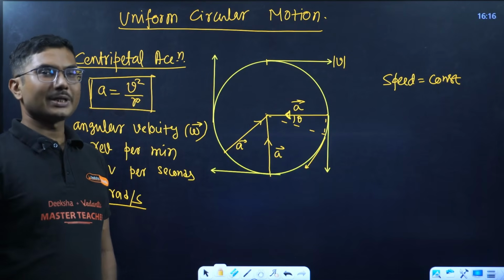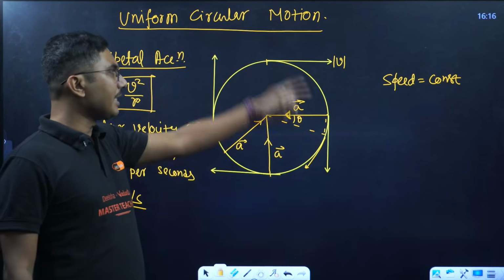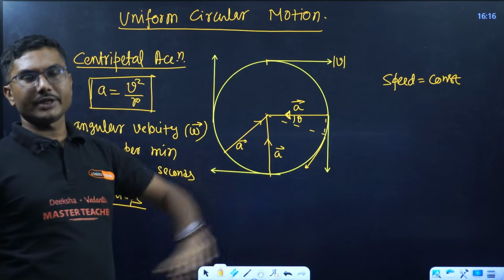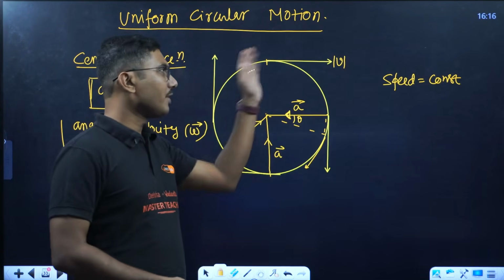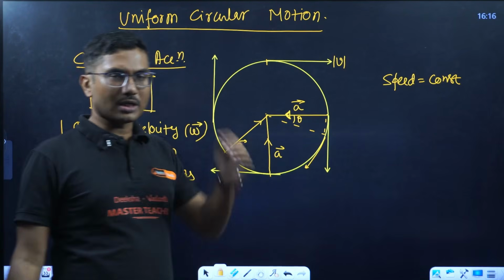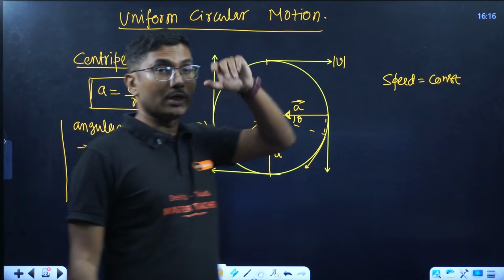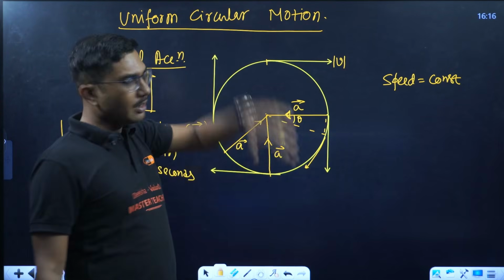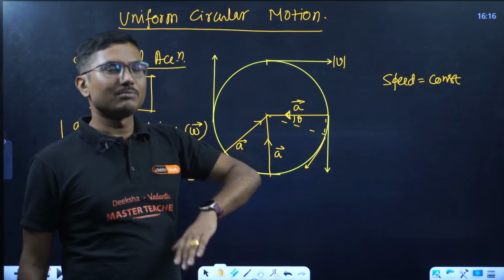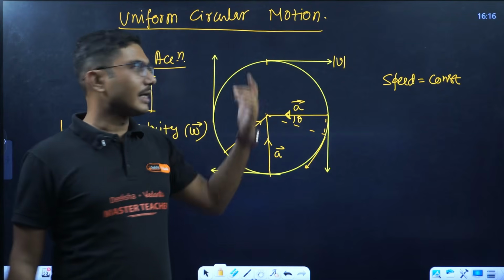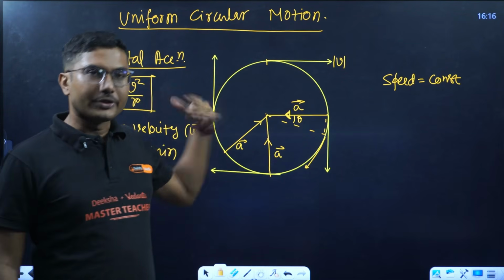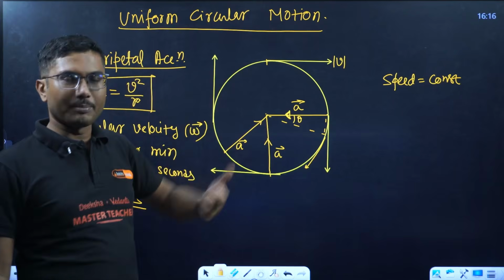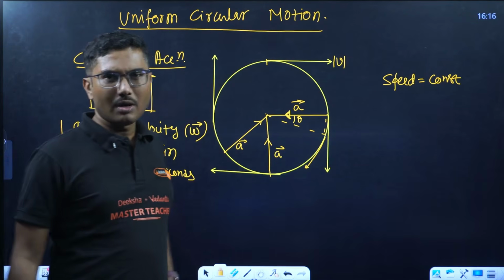So revolution per minute means in 1 minute how many complete revolutions it does. It need not be a whole number, it can be a fraction as well. Fraction represents that it completes 3 revolutions, but then it moved by a small distance, that is 3.1. So 3.1 revolutions per minute means 3 complete revolutions and then 0.1 of a fraction, right?